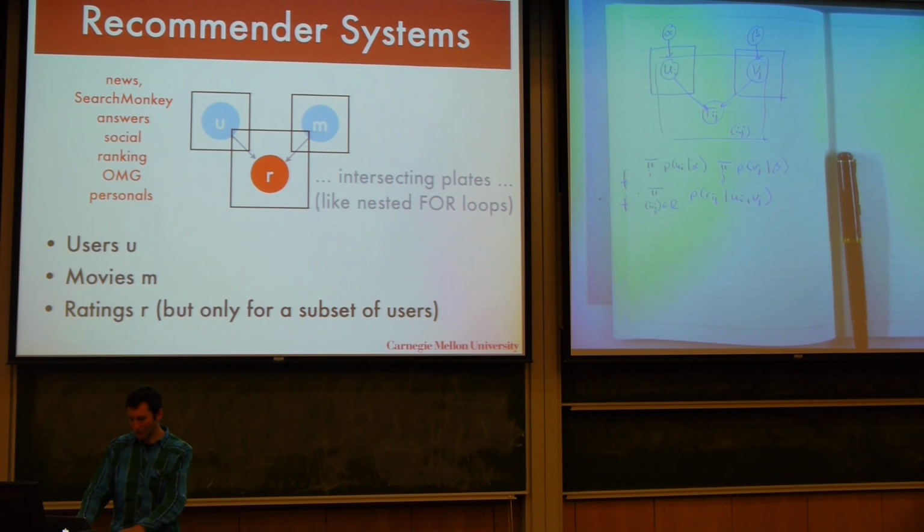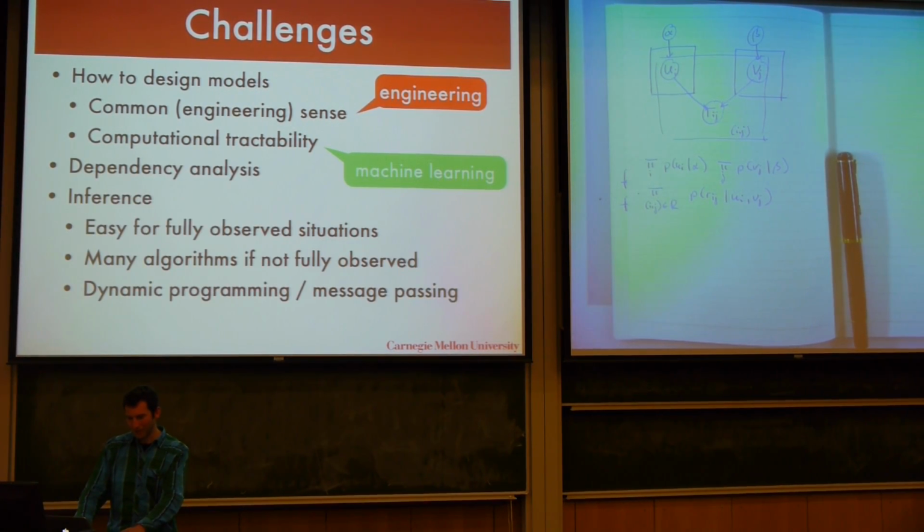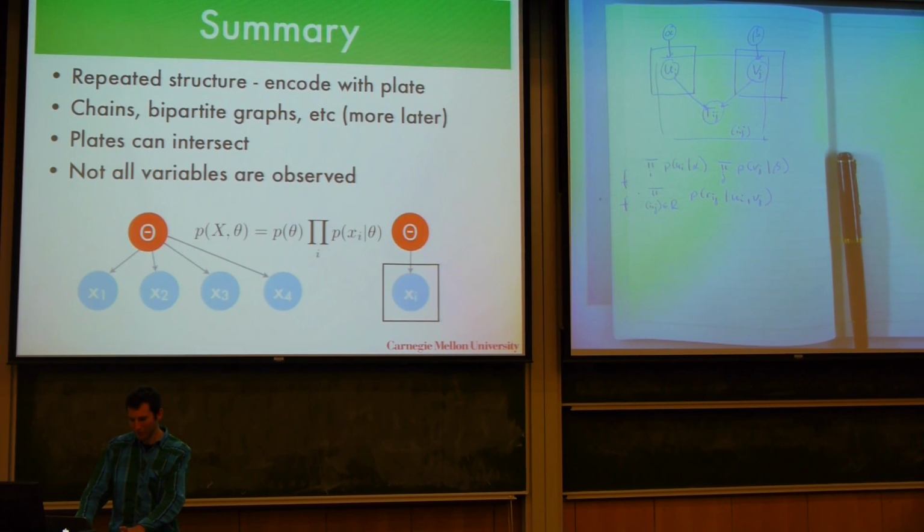So the key issue is now, well, how do you design this? How do you make it computationally tractable? And look at the dependence and then do all the inference. And this concludes it for today. We'll do dynamic programming on Wednesday.